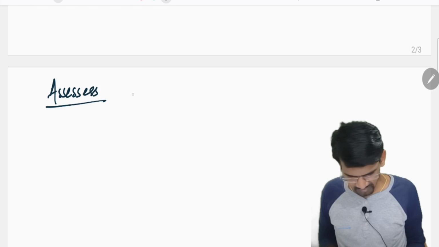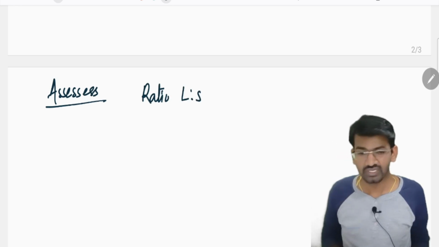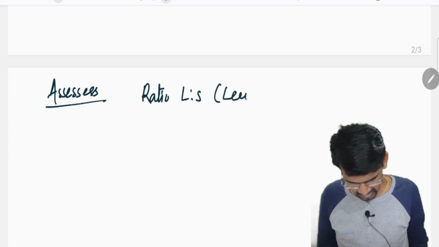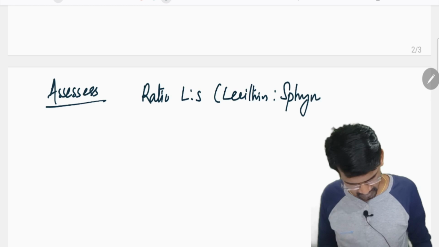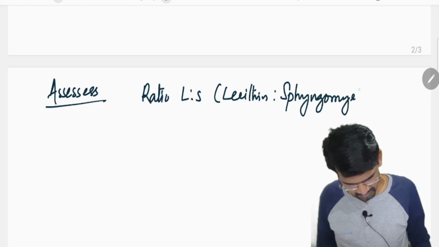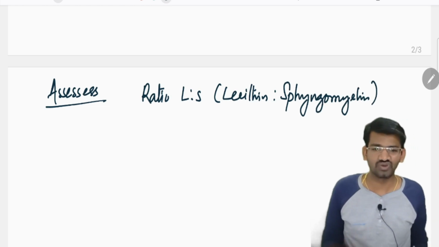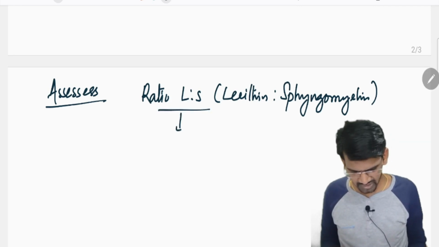It is assessed by the LS ratio, that is the lecithin sphingomyelin ratio. Where do we assess this LS ratio? This will be assessed in the amniotic fluid.